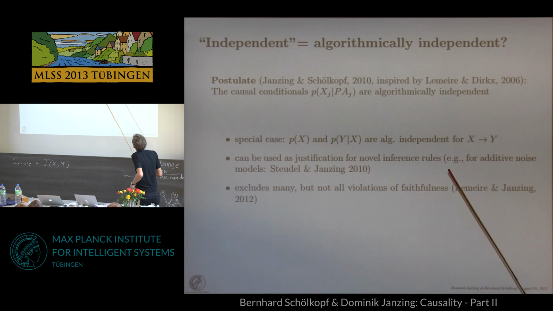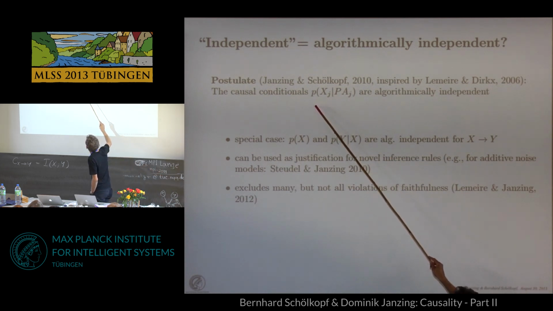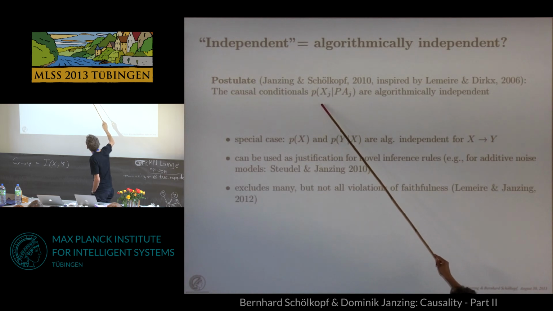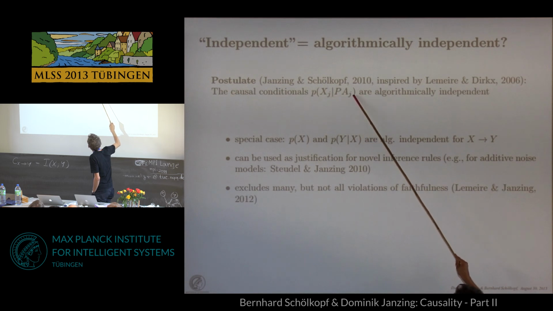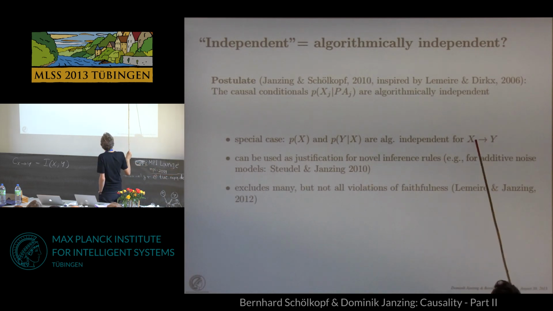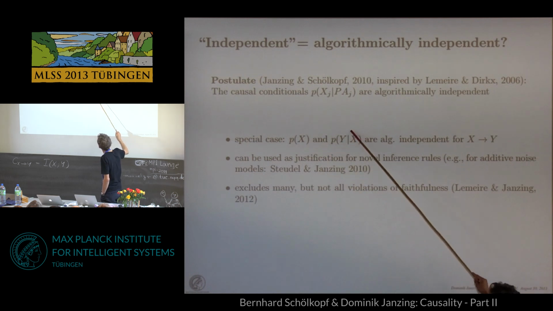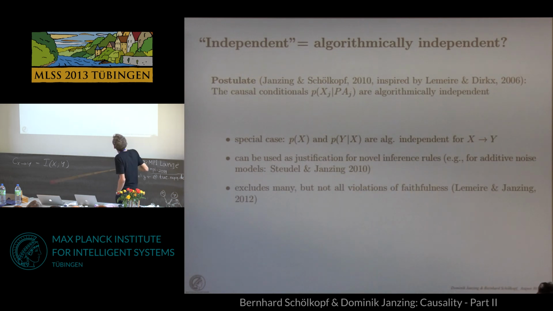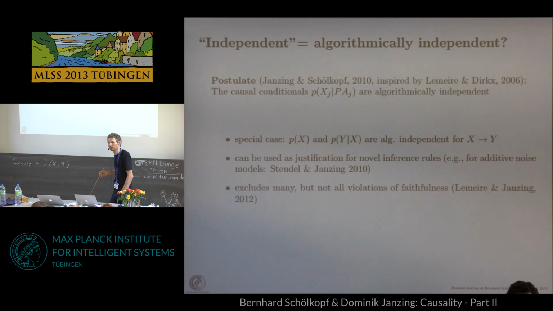So we postulated that in the causal factorization of a statistical graphical model, the conditionals P of xj given its parents are algorithmically independent. And in the special case of x causes y, we postulate that P of x and P of y given x are algorithmically independent. And we have used this postulate as a justification of the additive noise models.